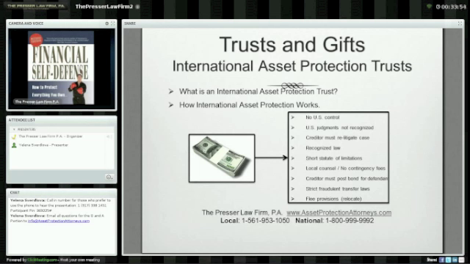In the United States, it's very easy to hire an attorney because a lot of attorneys will take it on a contingency fee basis. So they'll take the case for free and they'll take a portion of the proceeds if they win. But internationally, more than likely, you're going to have to pay an hourly fee. So now you're paying an hourly fee for both your U.S. attorney and your New Zealand attorney to fly into the Cook Islands.